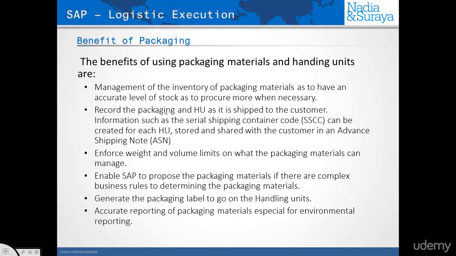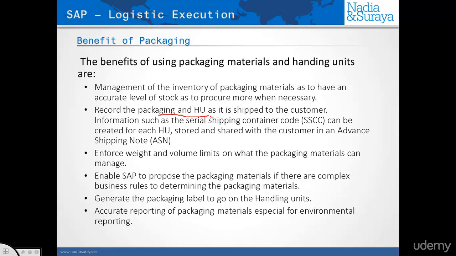You could also record the handling unit that you're using, and you can use something called the serial shipping container code, which is the SSCC, and it's stored on each handling unit. The importance of this is that this code is an industry accepted code and can be quoted on the ASN, the Advanced Shipping Notification.